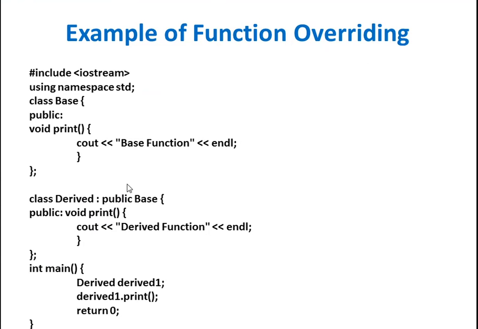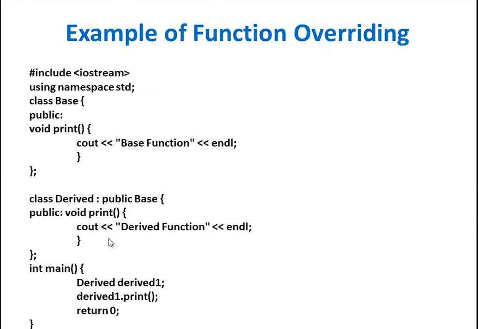When we inherit from the base class, whatever functions and data members there are are inherited into the derived class, meaning this print function is also inherited into the derived class.